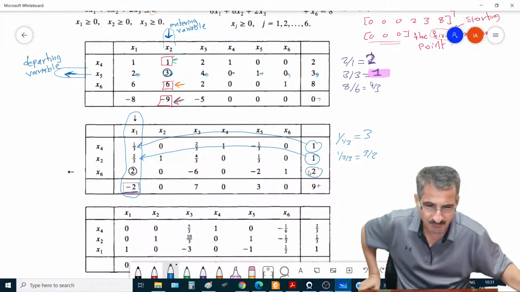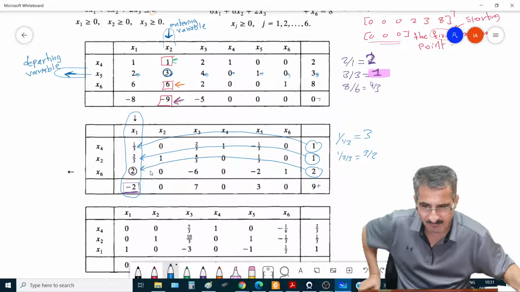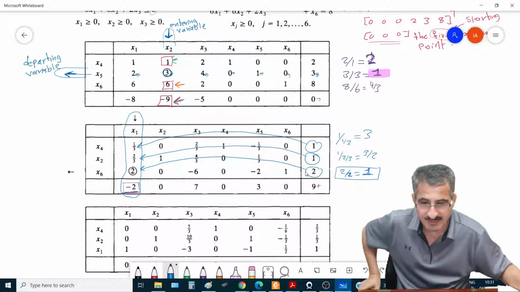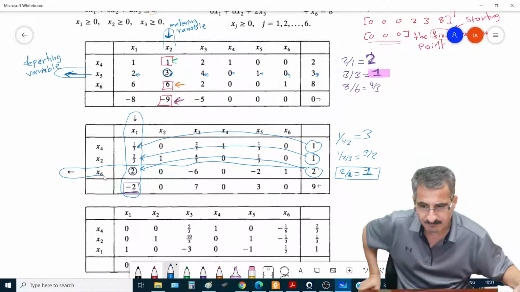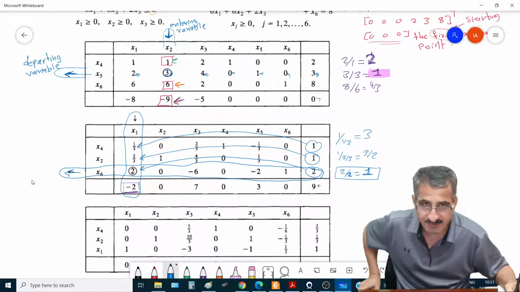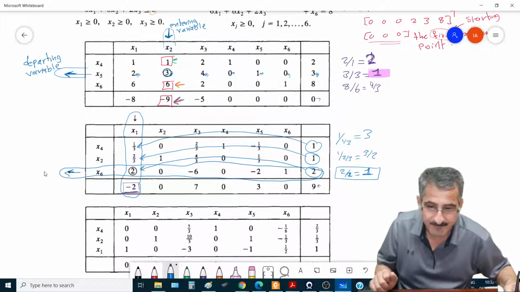Divide 2 over 2. We get 1. So this is the smallest. This is where the smallest happened. So we will take this row, and therefore the row of x6 will be the departing. So x6 will go away.